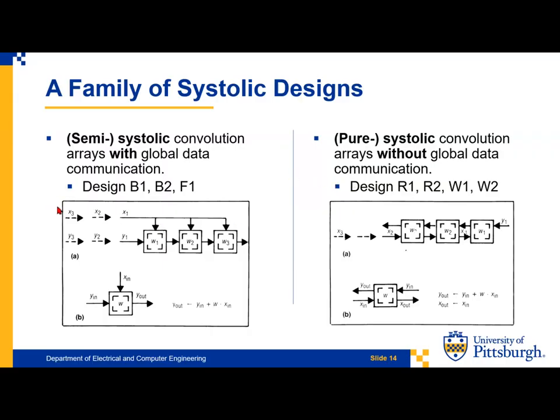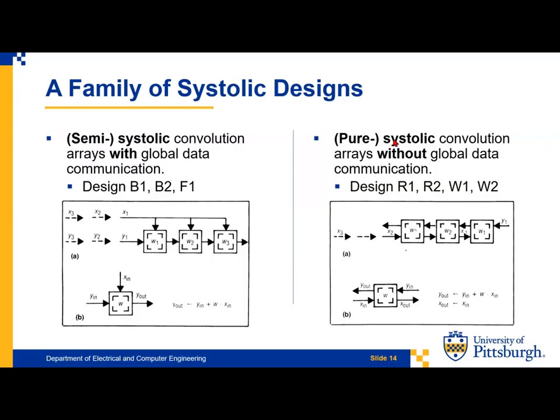Because you need a global buffer, and the global buffer has a bus connecting to each processing element. But this design is more flexible than the pure systolic one because you could change your input anytime, since in each cycle you could determine the data going from the global buffer to the processing elements.